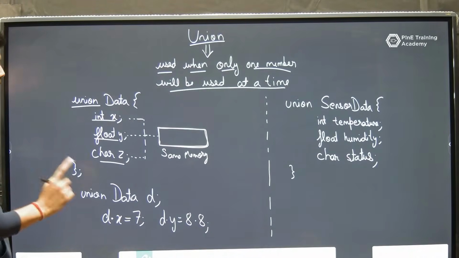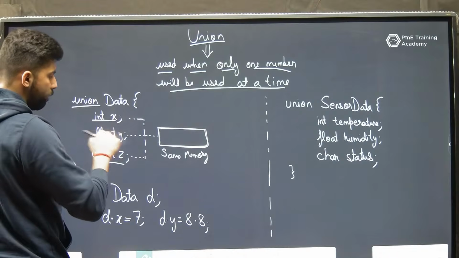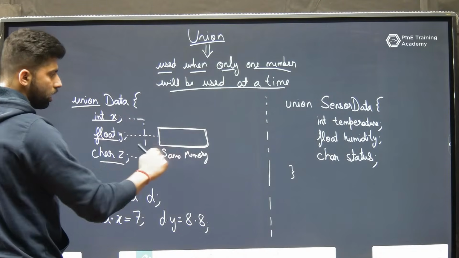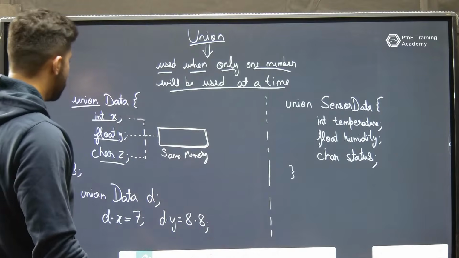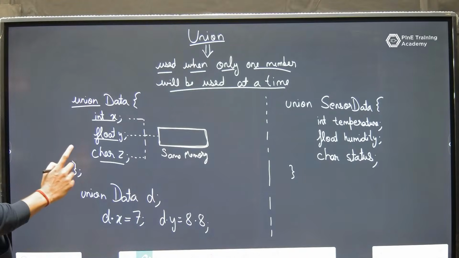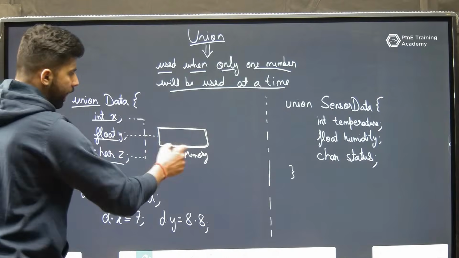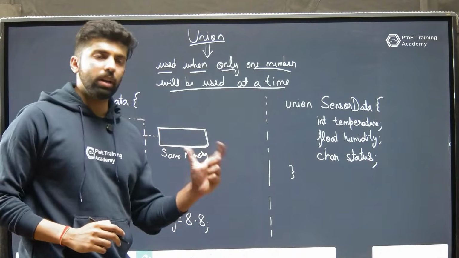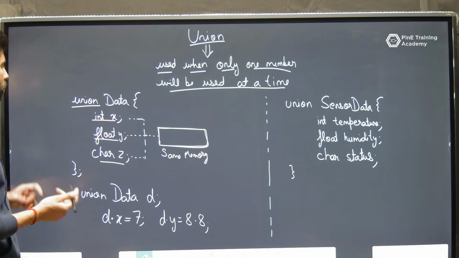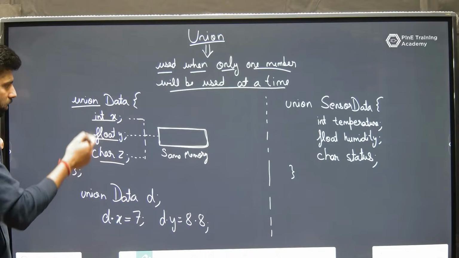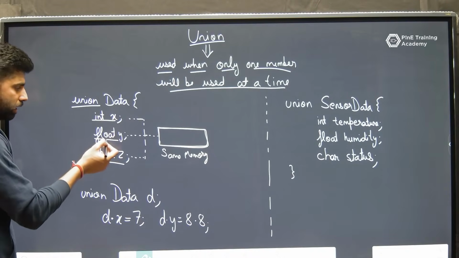But in case of union, every member shares a single common memory, right? And this memory is according to the largest data type inside this union. So in this particular example, we have int, float, char.